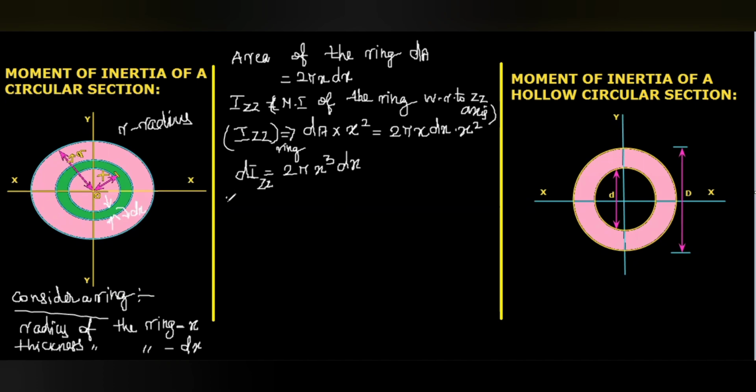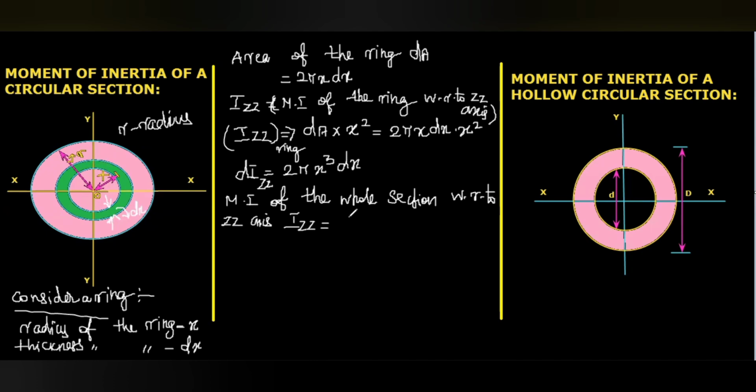Now, the moment of inertia of the whole circular section with respect to the ZZ axis, that is Izz. We have to integrate this with respect to the limits 0 to radius.